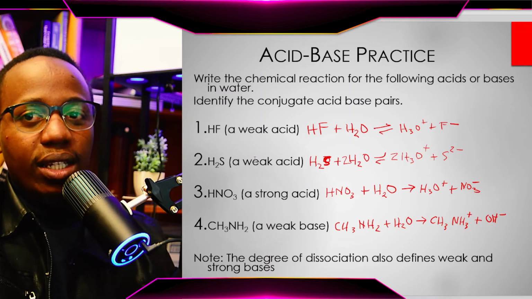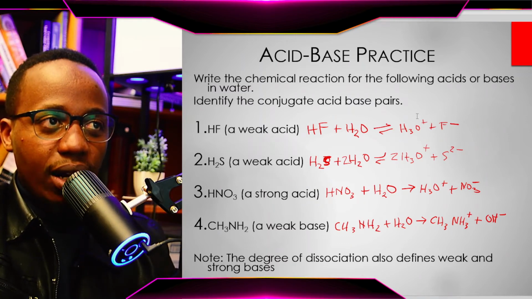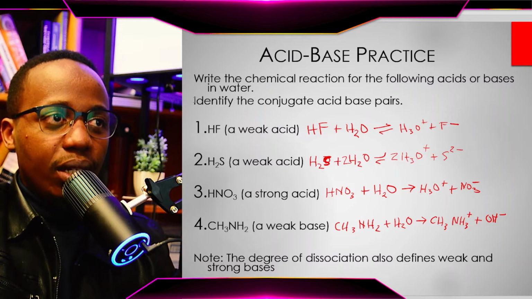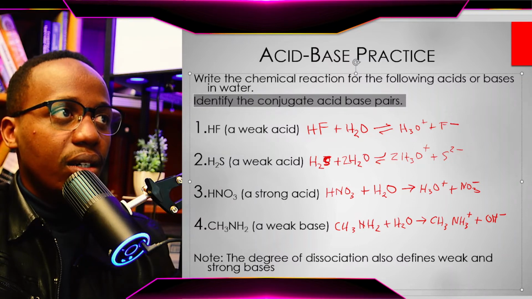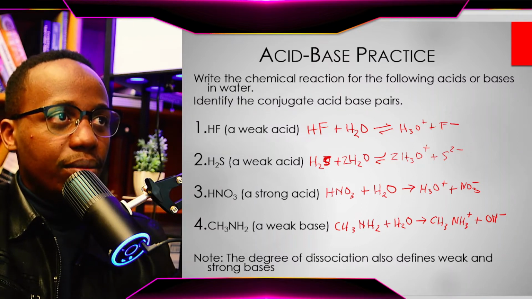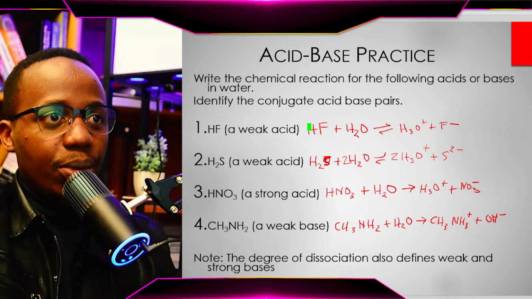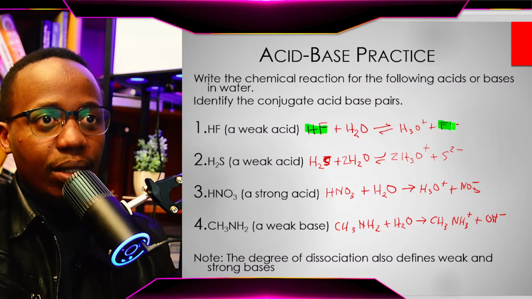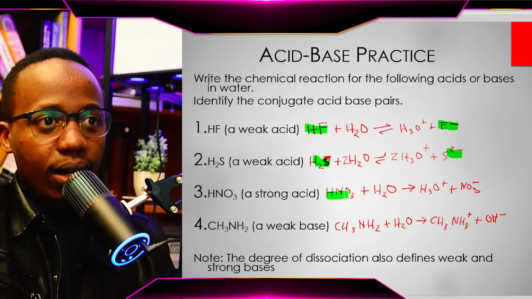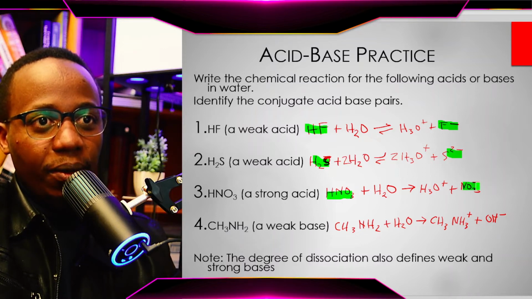So in this question that we looked at earlier, B says that you need to identify the conjugate acid base pairs. All right. And all you need to do is, for example, this is acid, this is the base. Those are the pairs. This is the acid, this is the base, right? Acid, base. This is a base that becomes a conjugate acid.